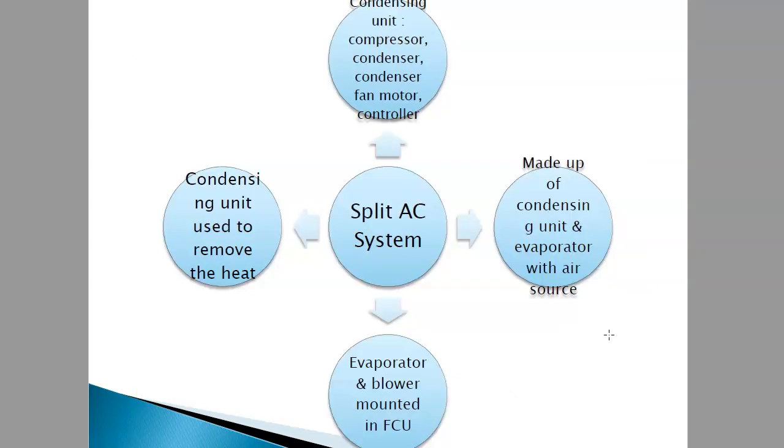Split AC system. A split AC system has condensing units, which are the compressor, condenser fan motors, and controllers. Their function is to remove heat, using an air source. You also have an evaporator and blower mounted in the fan coil unit.